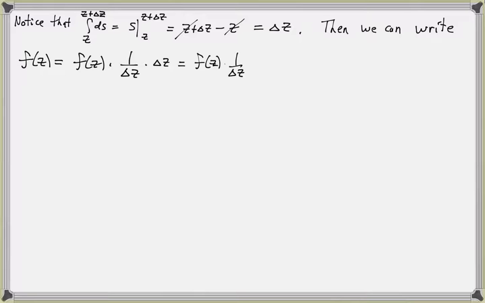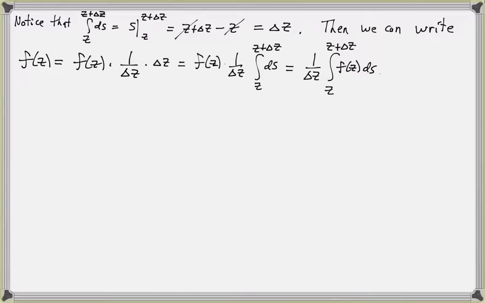And now delta z, we established this fact, is equal to the integral from z to z plus delta z ds. Now I'm going to move f of z inside the integral since it's a constant with respect to s. So this is 1 over delta z times the integral from z to z plus delta z of f of z ds.